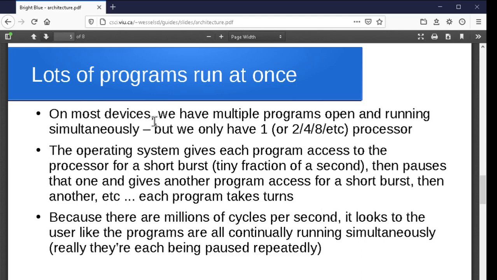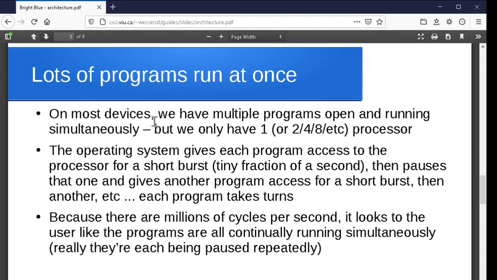And then pauses that one and grabs program C and gives it a fraction of a second. And if those are the only 3 running, then it goes back to A again and gives it a fraction of a second. So you've constantly got this process of running one of the programs for a tiny burst, just a handful of instructions, pausing it, giving the next one a turn. So you've got this kind of round robin cycle going on.